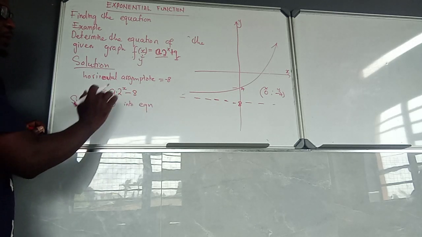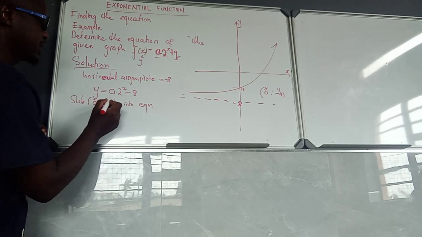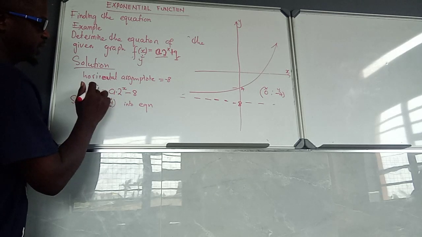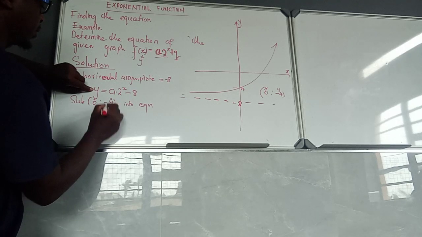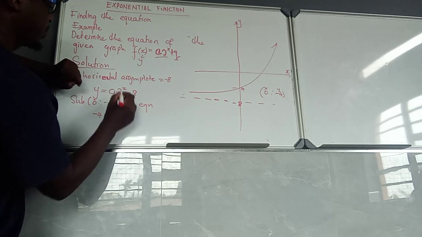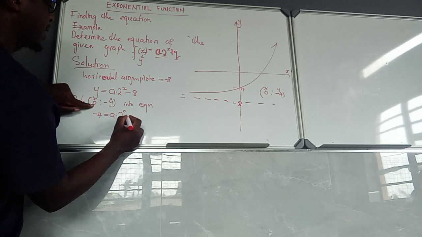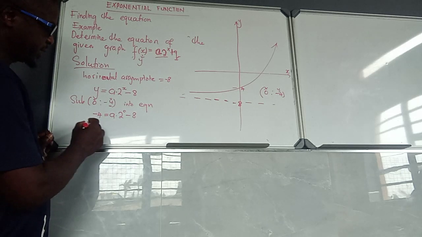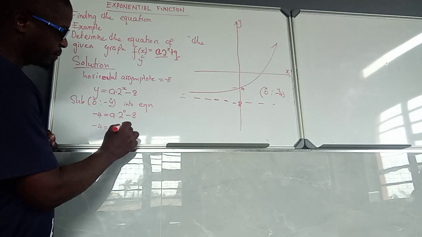What equation am I talking about? I'm talking about this equation here. Knowing that this one is my x and this one is my y, I'm going to take my y, which is -4, and put it in place here. I'm going to rewrite: -4 is equal to a times 2 to the power of x, and my x is 0, so -4 is equal to a times 2 to the power of 0, minus 8.